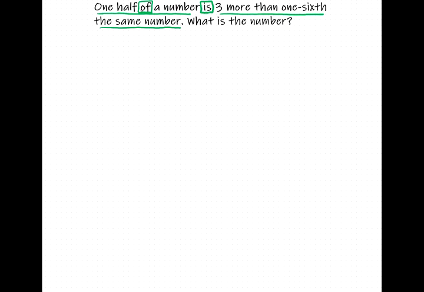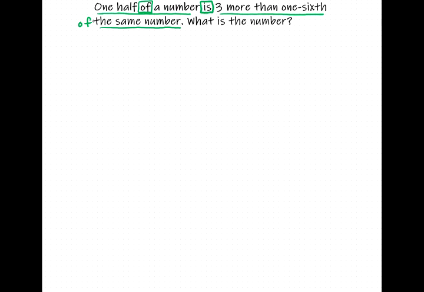If you look at that second statement, the one after the word is, 3 more than 1/6 the same number. Well, another way we could say that is 3 more than 1/6 of the same number. So the word of, even though it's not written, it's there because we could restate this with the word of and mean the same thing.